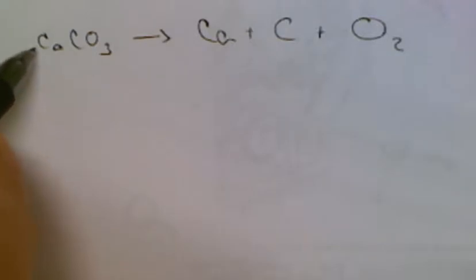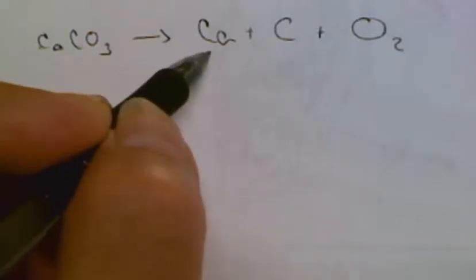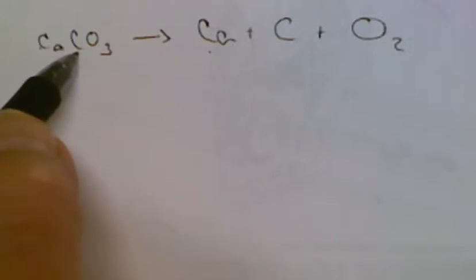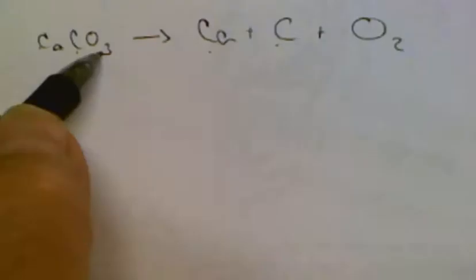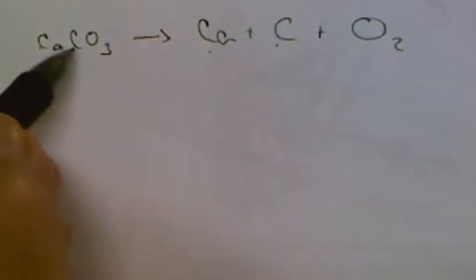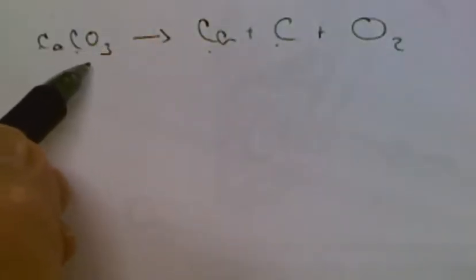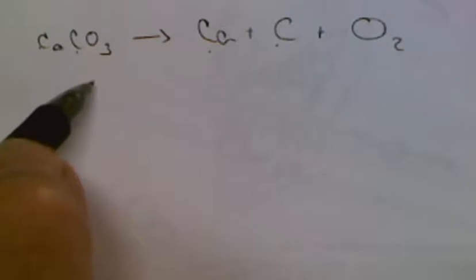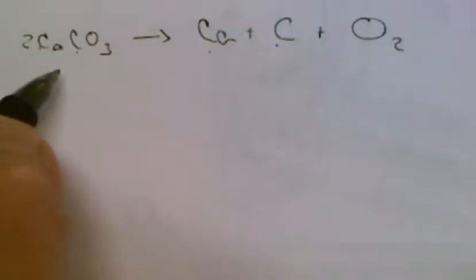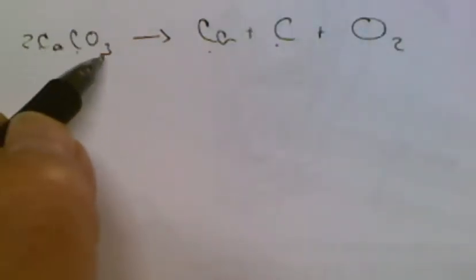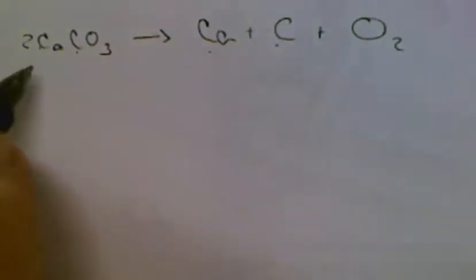And so I have one calcium over here, one calcium over there, we're balanced. I have one carbon over here, one carbon over there, we're balanced. Over here I have three oxygens and two over there, so I'm going to have to do a little bit of work to get my oxygens balanced. The easiest way to do that, as you're familiar with, I'm going to make this 6 oxygens over here. So I'm going to find some common factor between 3 and 2, and 6 is going to be it.